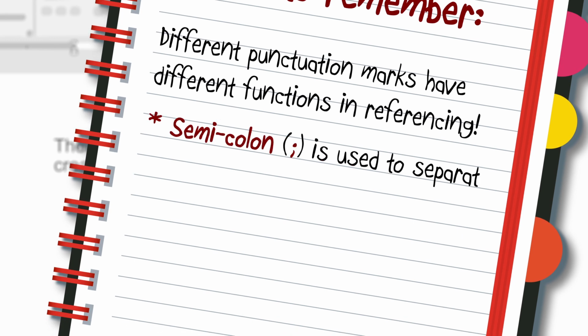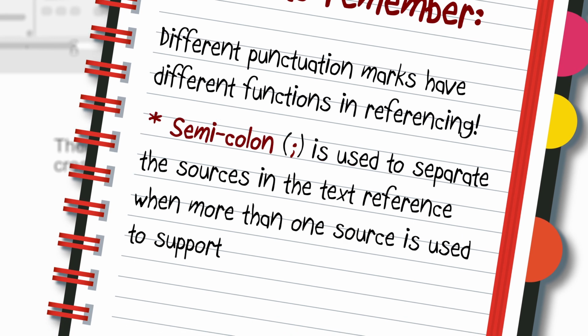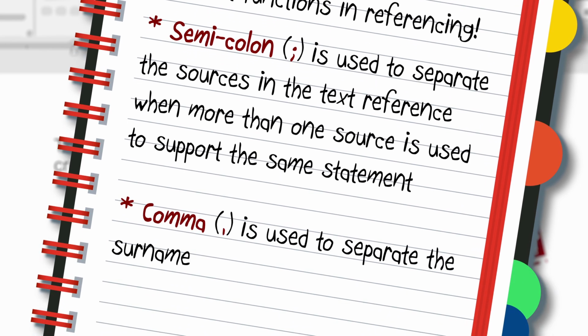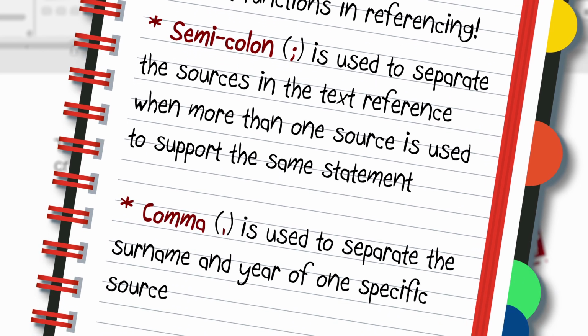The semicolon in this case is used to separate the sources in the text reference when more than one source is used to support the same statement. A comma, on the other hand, is used to separate the surname and year of one specific source. If you mess it up, it is unclear to the reader what information goes with which source.